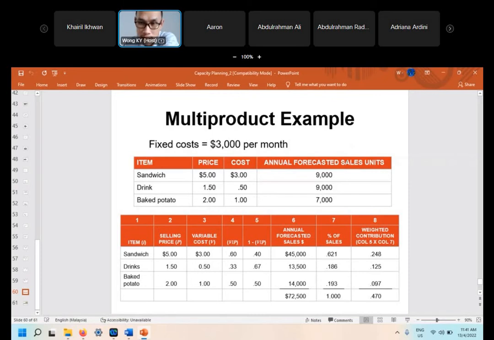Okay, and this one sales here is actually not the actual sales. This is the forecasted sales. So it means we forecast them first so that we can know the break even. So I hope that answers your question. So it means we don't do the thing first, then only we calculate the break even. Right? We forecast the thing in advance.